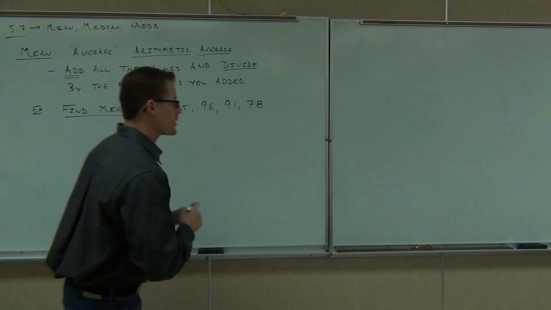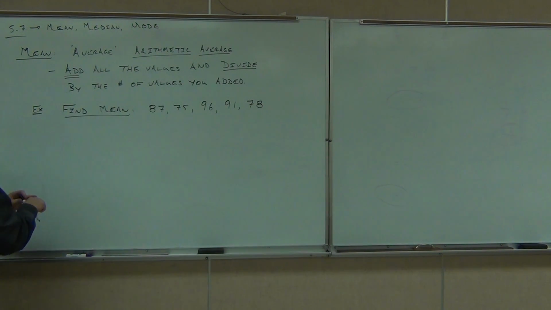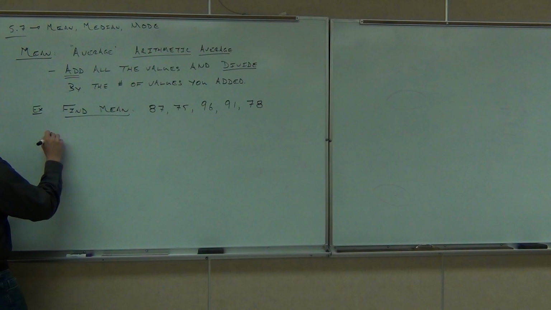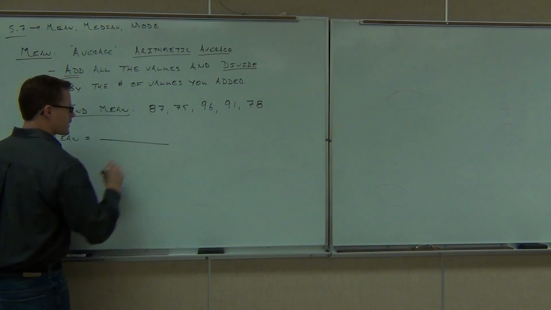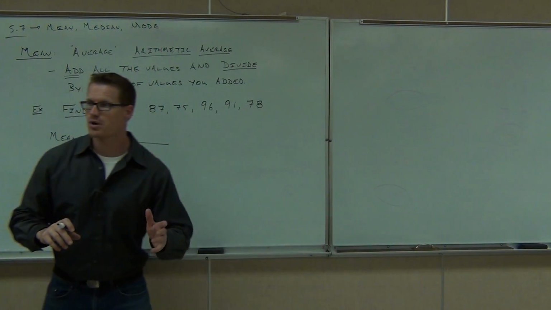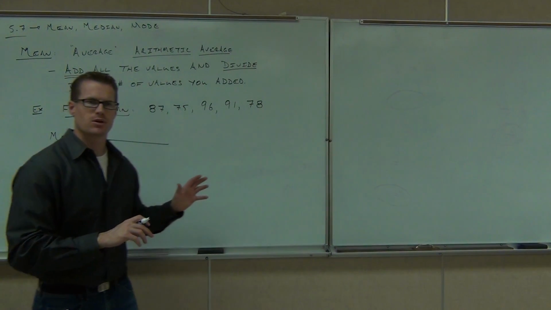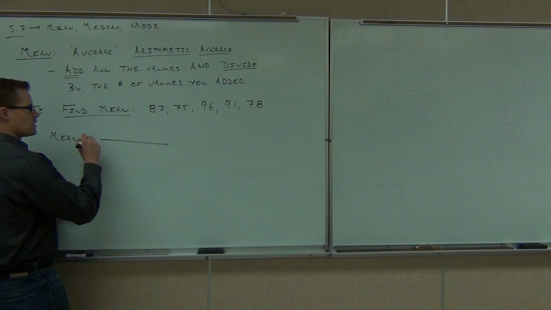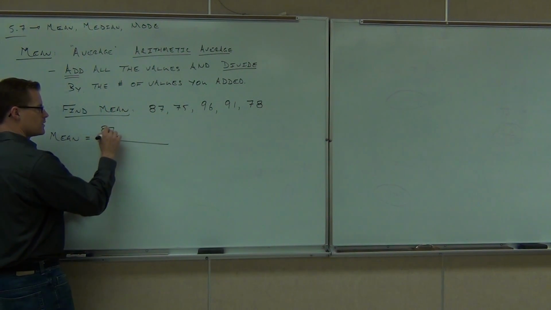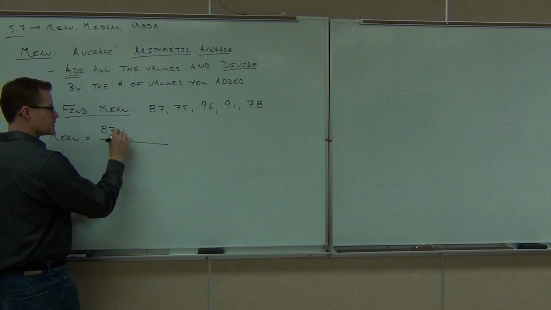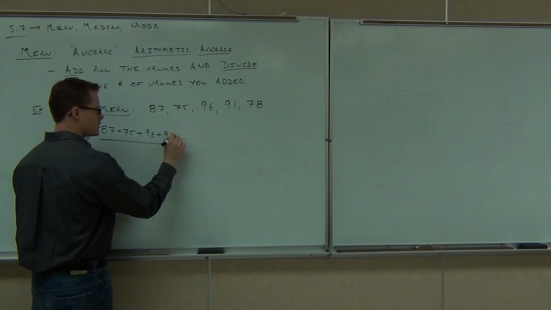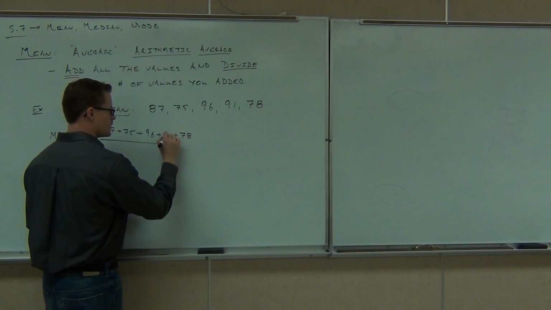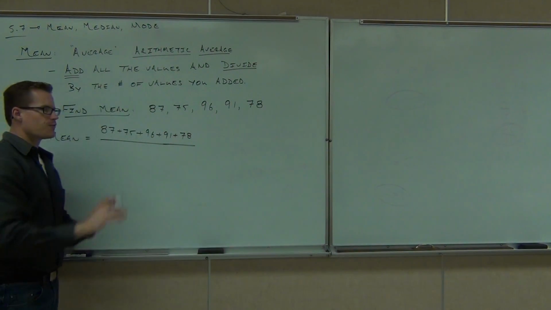So, in order to find our average, we're going to have a division problem and an addition problem all in one. Can you tell me the numbers I'm adding up here? 75. Sure. 96. 71. Perfect. So the first thing I want to add all 5 of those numbers up.